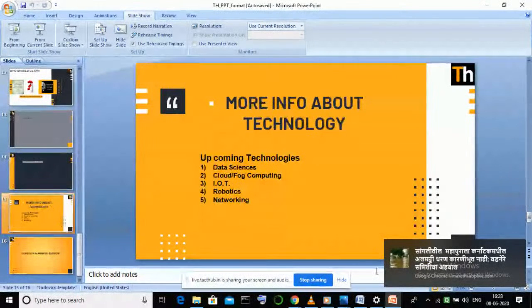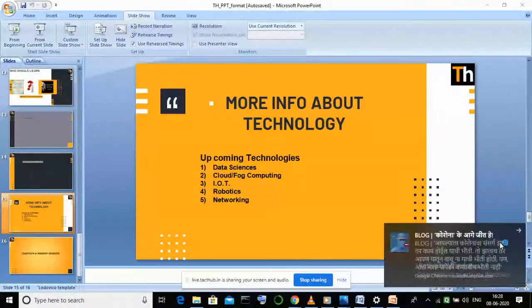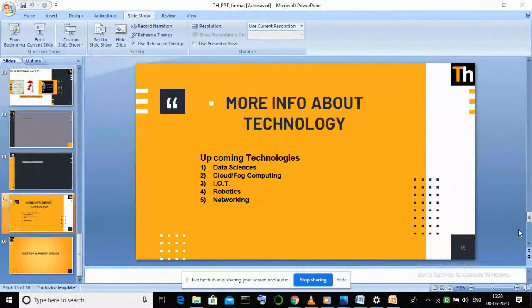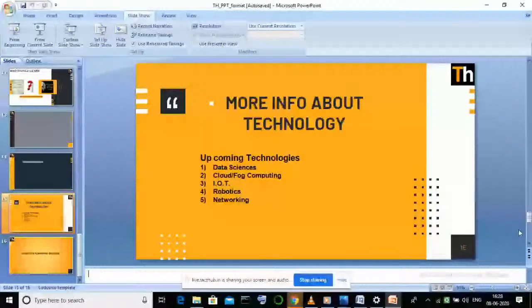Then next there is cloud and fog computing. These are layers so that unauthorized access, data hacking, data corruption, data stealing can be protected. There is another area which is very important.